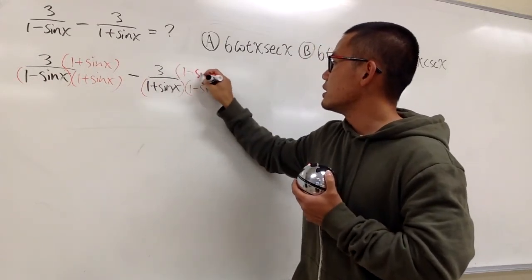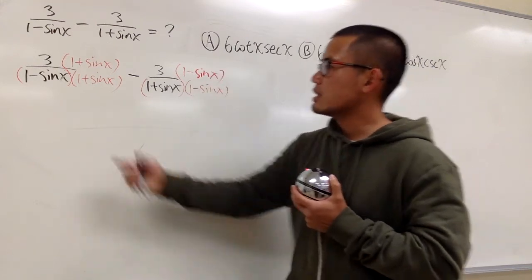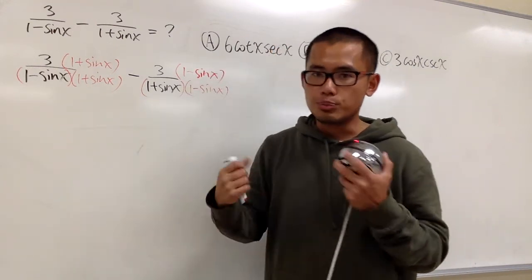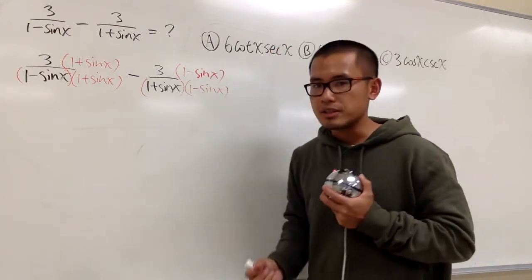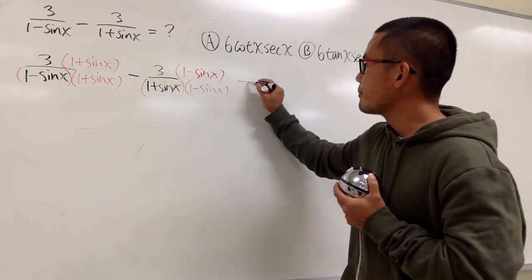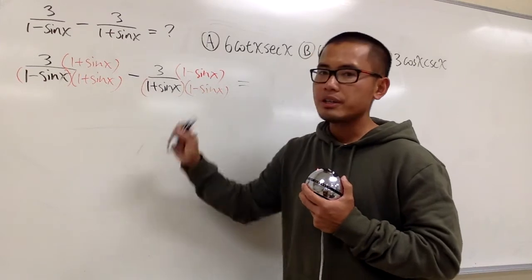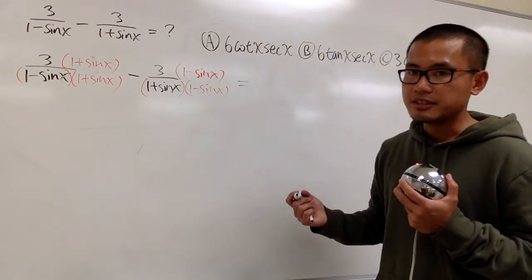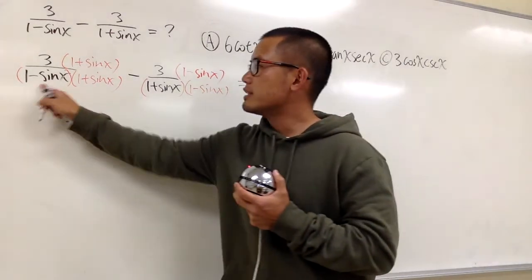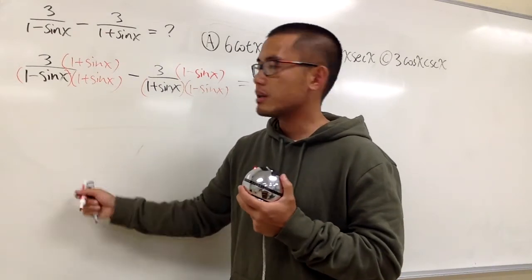And you will see right now that this and that are the same, so you produced the same denominator, right? Okay, when we have the same denominators, when we are subtracting, the denominators stay the same.